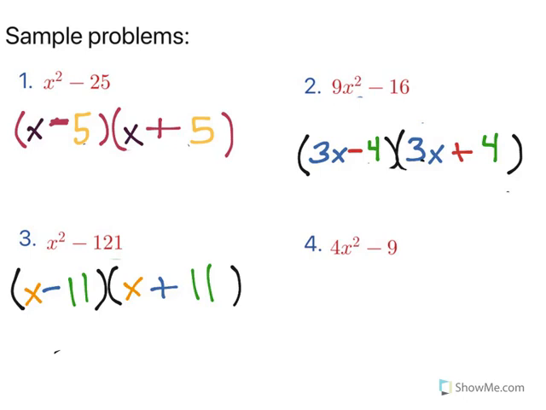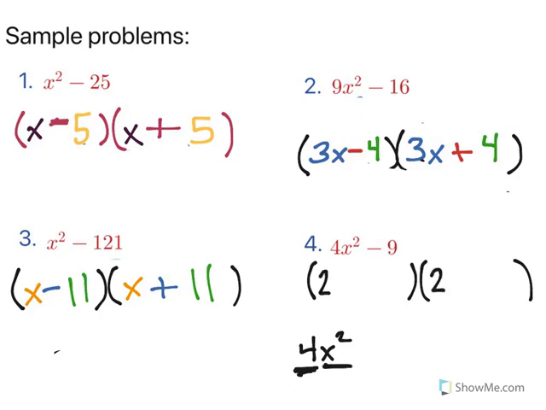Okay, let's take a look at problem number 4. Problem number 4 is going to be similar to how we solved problem number 2. So I'm going to go ahead and write out my parentheses. I'm then just going to look at the very first term, and I have 4x squared. So looking at my coefficient of 4, 4 is a perfect square, so the square root is 2.